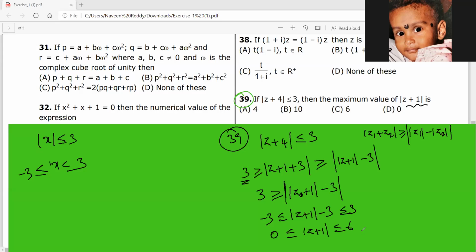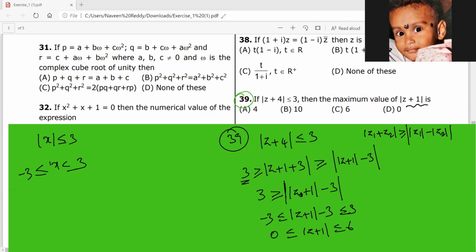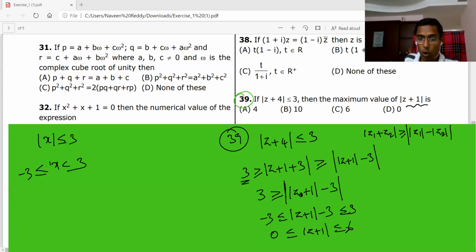So what is the maximum value of |Z + 1|? It is very clearly shown here: 6. What is the minimum value? |Z + 1| lies between 0 and 6, so the minimum is 0 and the maximum is 6. This is one important application of this inequality.